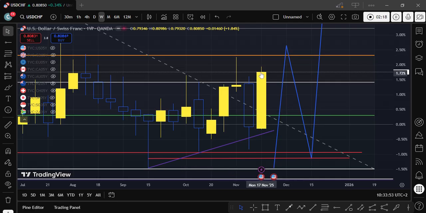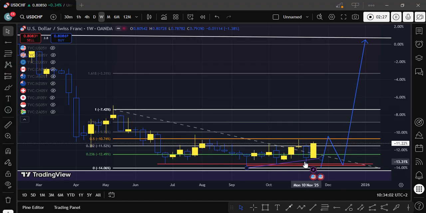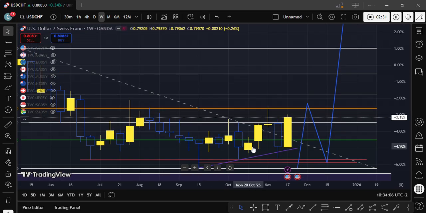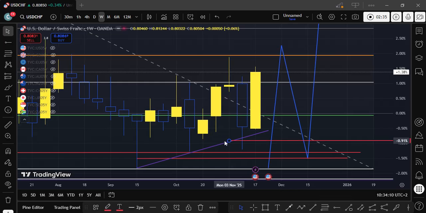So I don't need to wait for this weekly time frame candle to take over. I just need to look for that manipulation and set up my buy stop.